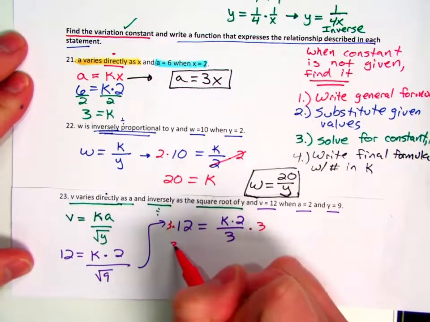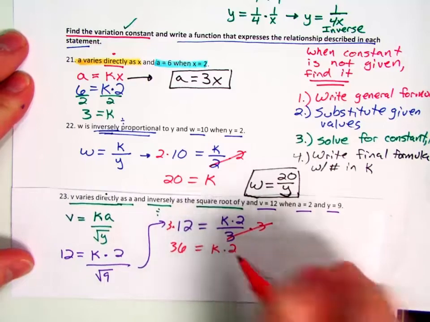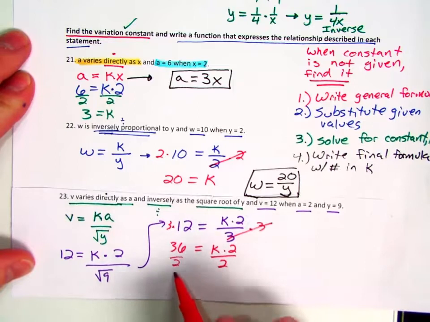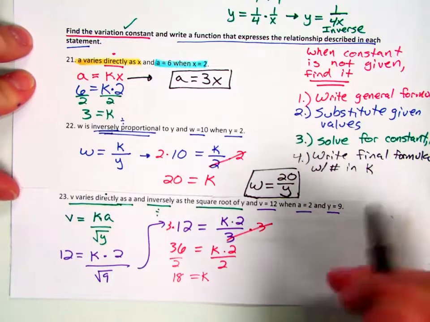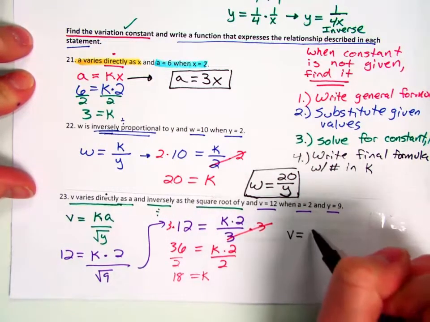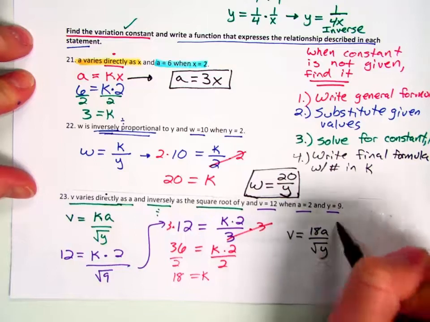So we end up with 36 equals, the 3's cancel, so k times 2. Then I'm going to divide by 2 to get k alone, so I end up with 18 equals k. Now that I know what my constant is, I can write my equation, which would be v equals, instead of k, 18a divided by the square root of y.